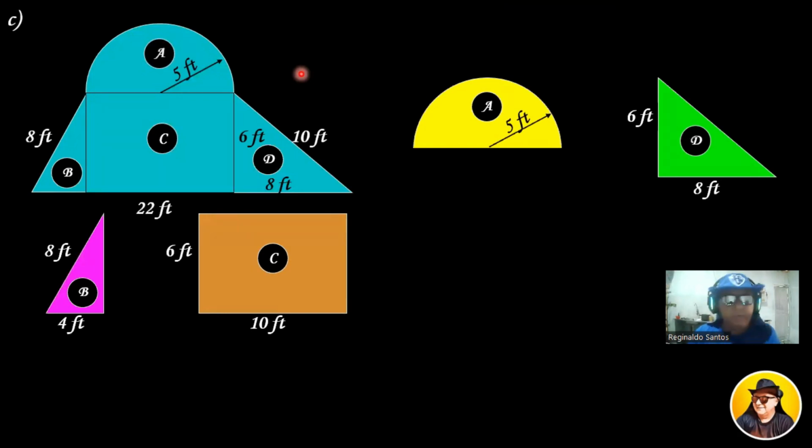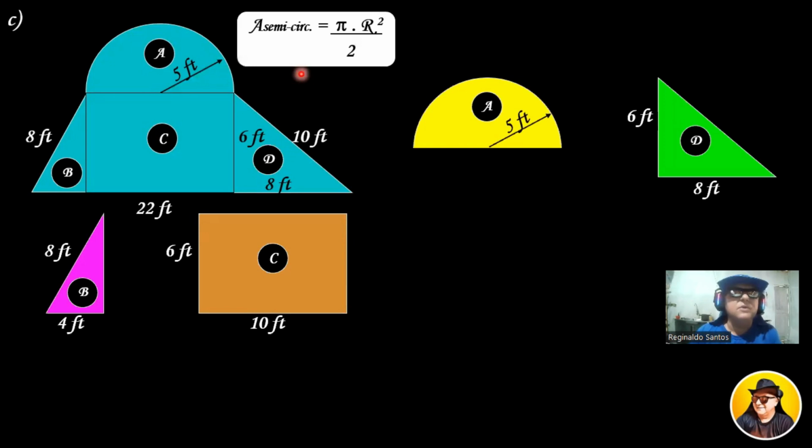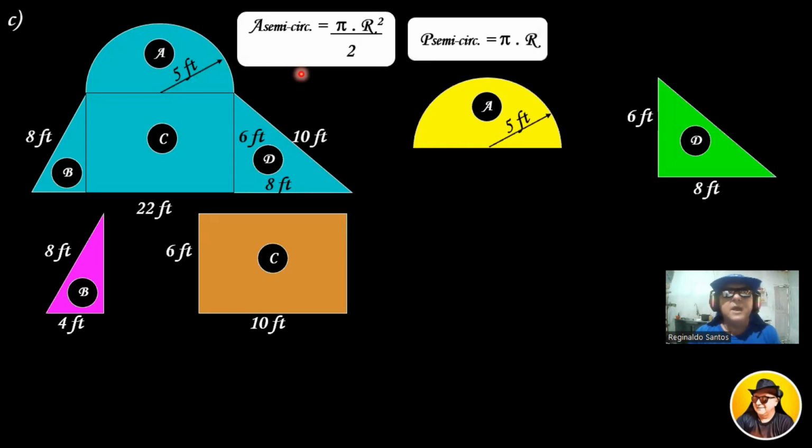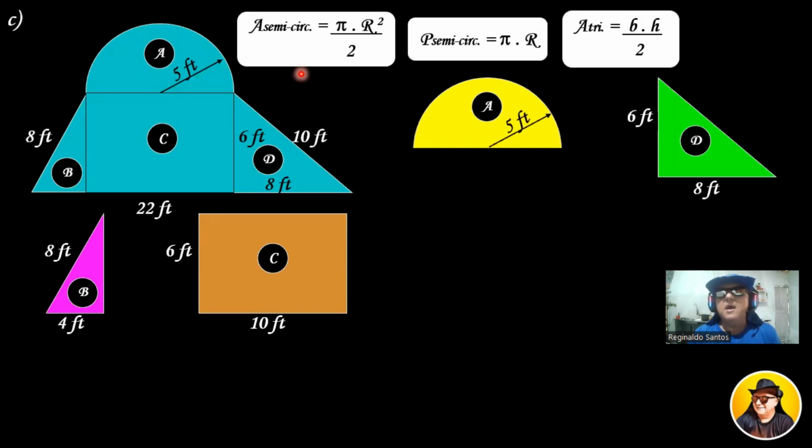Okay, so the area of the semicircle is pi times r squared divided by 2. Okay, so the perimeter of the semicircle is pi times r. The area of the triangle is b times h divided by 2.